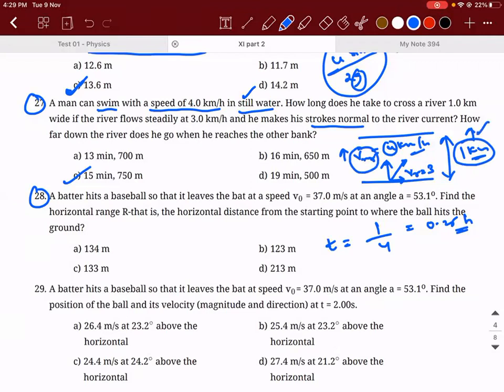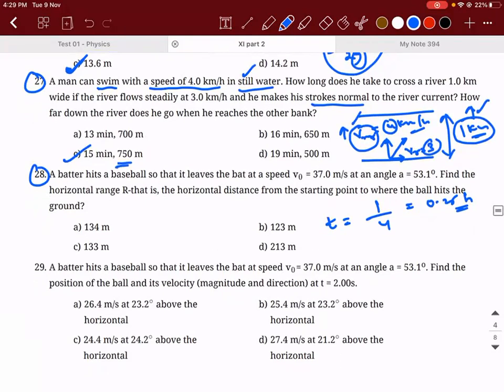That is why I divided these quantities. Okay, sir. You will get this 750 by multiplying this 3 with 0.25. That is the drift that has taken place in the horizontal direction. If you started at this point, you would have drifted by 750 meters on the other side.